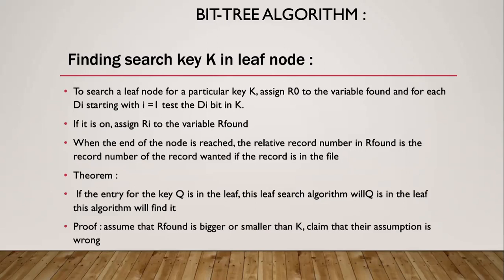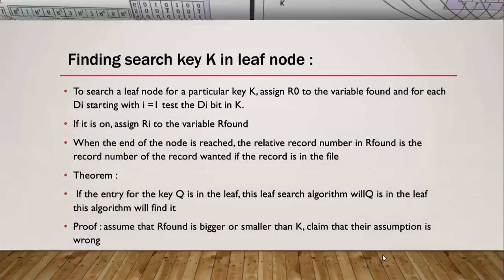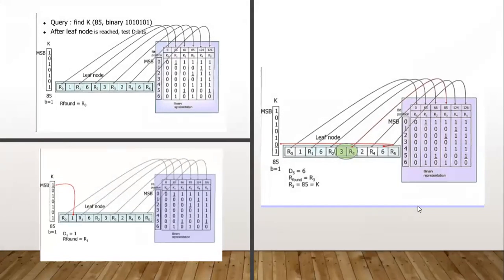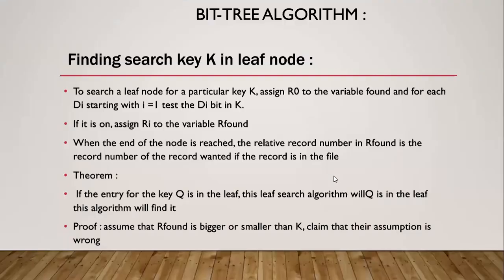So we discuss a theorem. If the entry for the key Q is in the leaf, this leaf searching algorithm will find it. To prove that, assume that Rfound is smaller than K. So the R value is smaller than K, and claim the assumption is false.